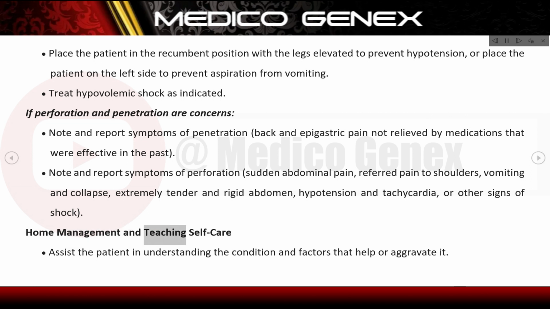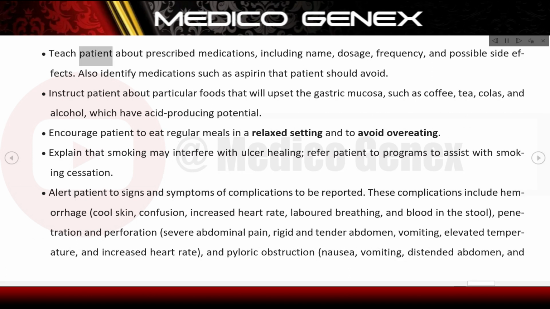Home management and teaching self-care. Assist the patient in understanding the condition and factors that help or aggravate it. Teach patient about prescribed medications, including name, dosage, frequency, and possible side effects. Also identify medications such as aspirin that patient should avoid.